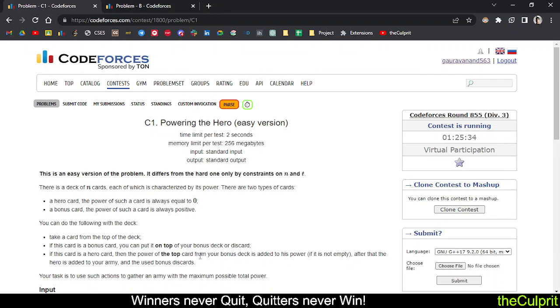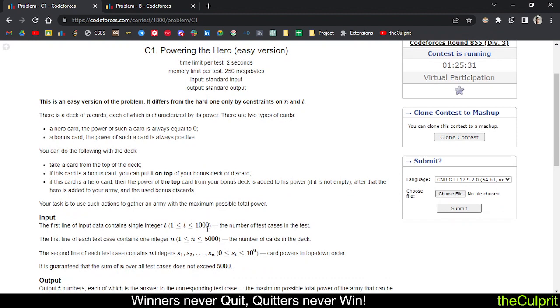But the power of the top card will be added to powers.